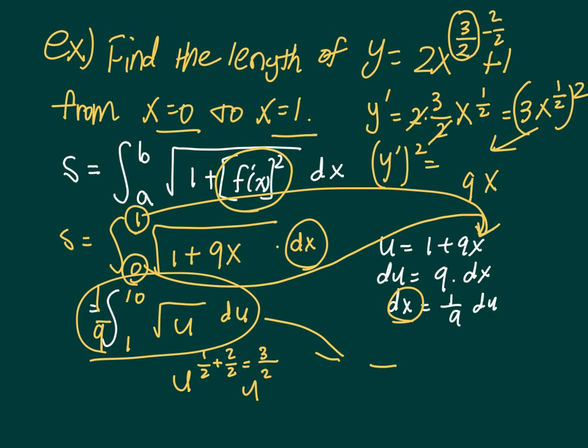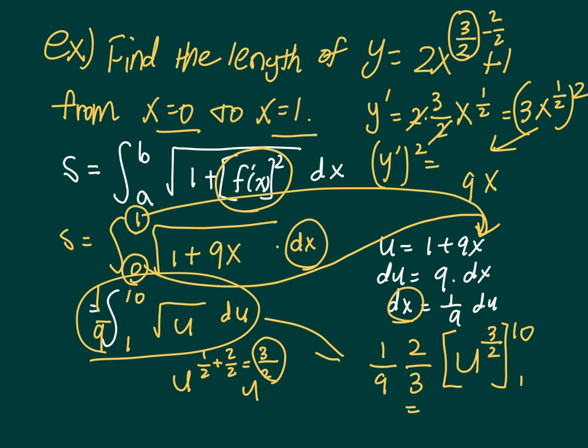Simplify over here. I still have 1/9 here. I have to have 2 over 3 out front and u to the 3 over 2 power, and using the Fundamental Theorem of Calculus, I have to put 10 for u.